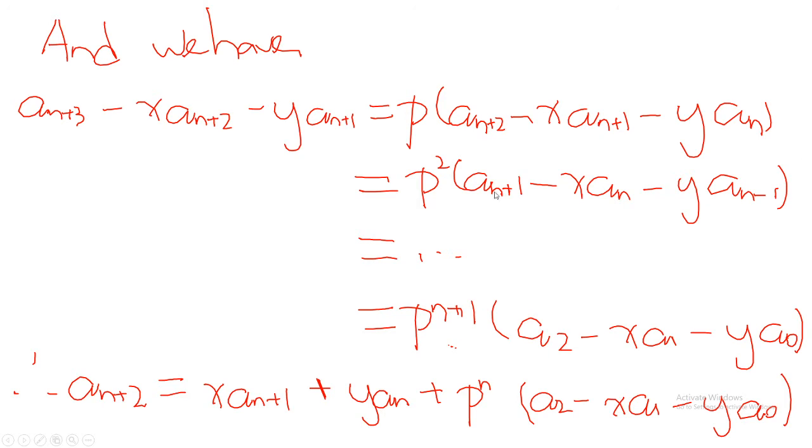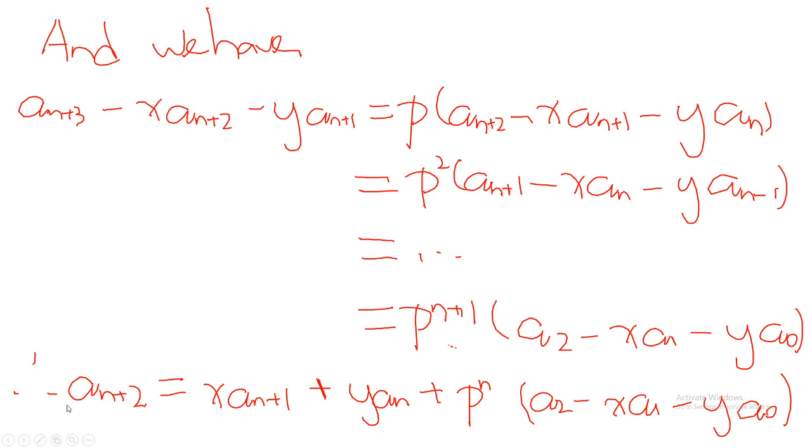And we have this equation, we can deduce with it, and we get p squared times An plus 1 minus x times An minus y times An minus 1, and we do it, dot, we get p to the n plus 1's power times A2 minus x times A1 minus y times A0.